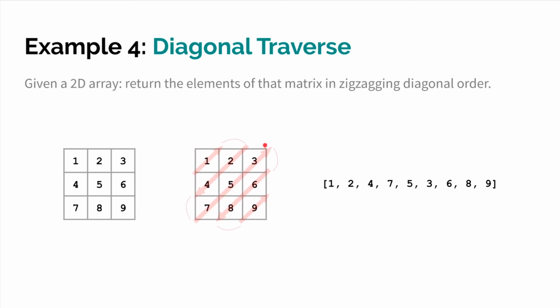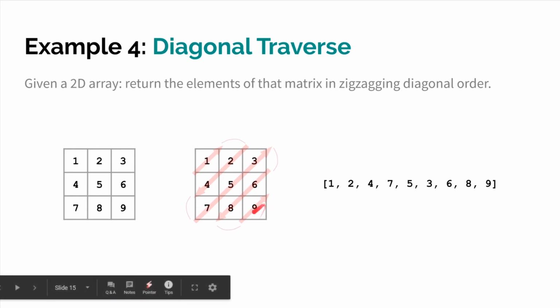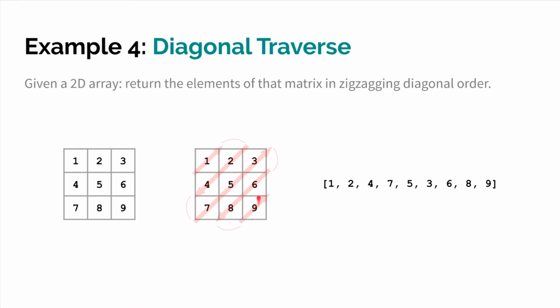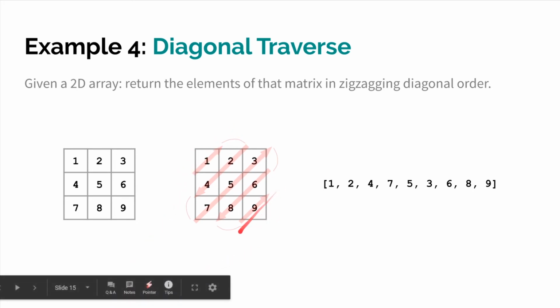We would have n columns, and the last column would have index n minus 1. So the last diagonal, if we sum up the indices, would have m minus 1 plus n minus 1, which simplifies down to m plus n minus 2. So we iterate from diagonal 0, this diagonal, to diagonal m plus n minus 2, this diagonal.